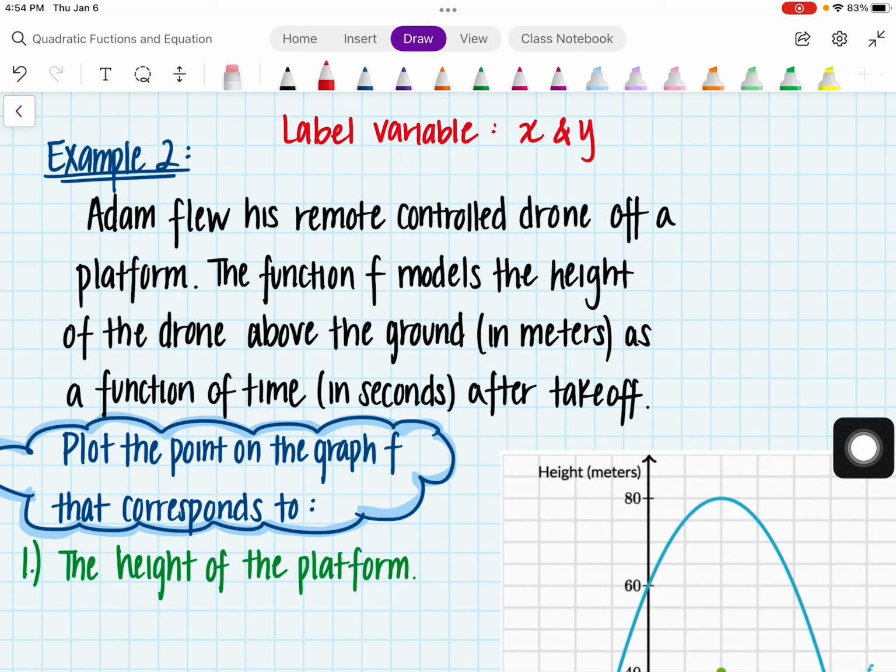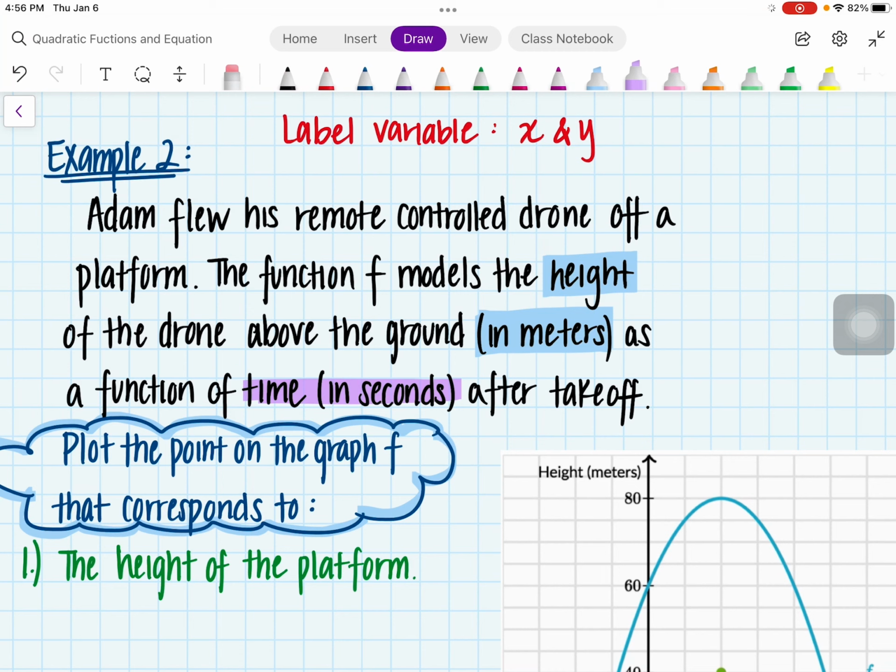Now, each time we're working with word problems that have quadratic functions in them, they are going to be giving you 2 units of measure. In this case, they're giving us a height in meters. That's one of the units of measure. The other one is time in seconds.